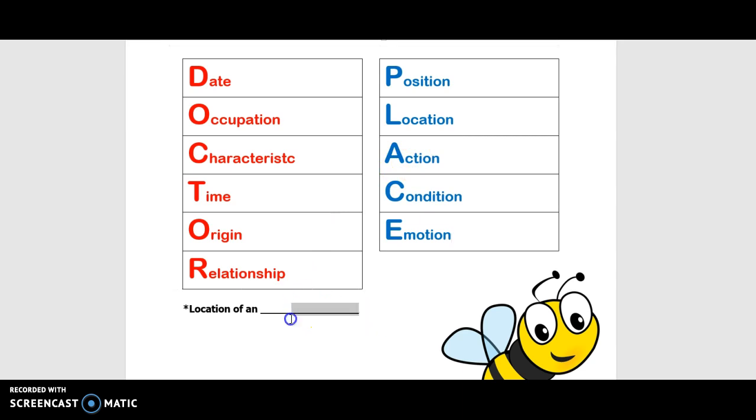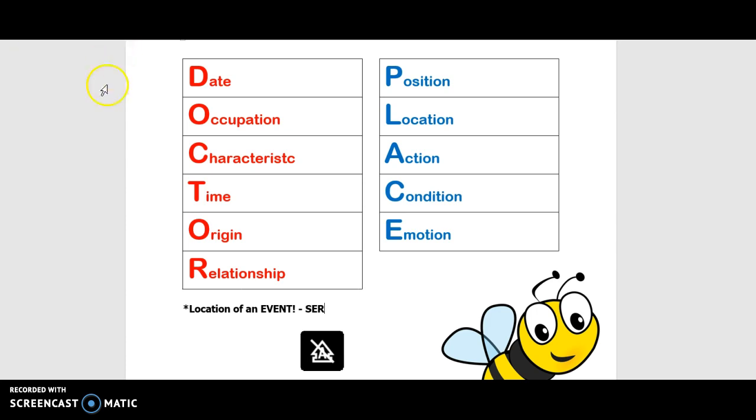The location of an event is considered ser. So a party being at somebody's house or a concert being in a particular venue. Those are locations of events, and locations of events use ser.